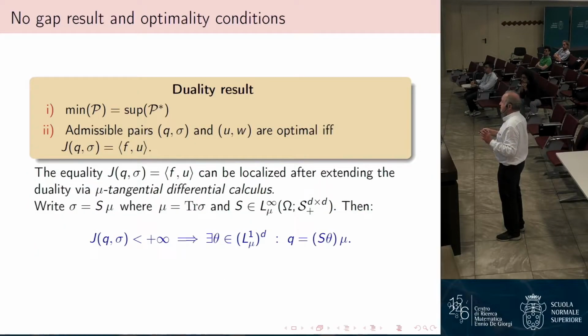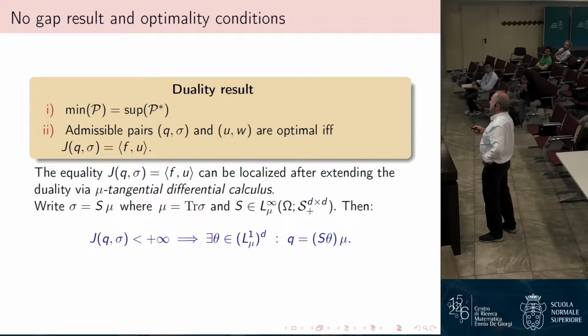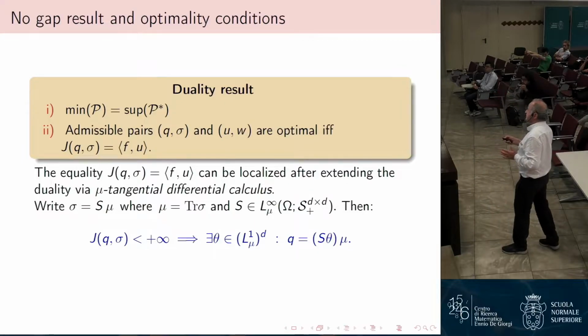Okay. So we did the duality. There is no duality gap. And when you have to detect if Q, sigma is optimal and (p, u, w) for the dual problem is optimal, you have to test this extremality condition.